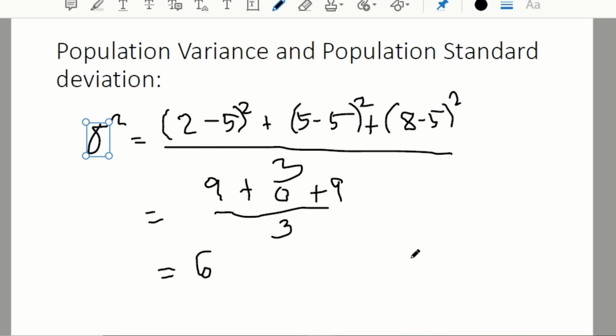So that is the population variance. Therefore, our standard deviation is just the square root of 6, which is equal to 2.45. Okay, so we're done with A, B, C.